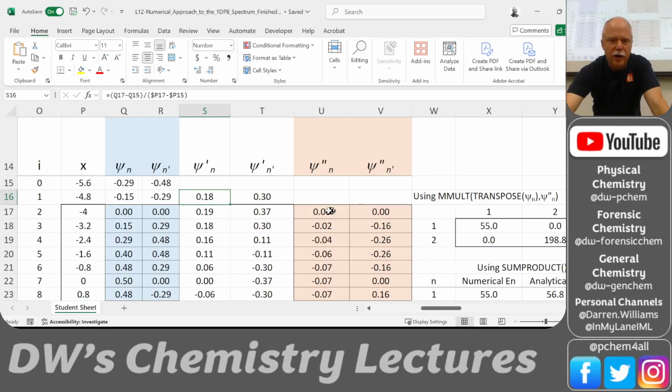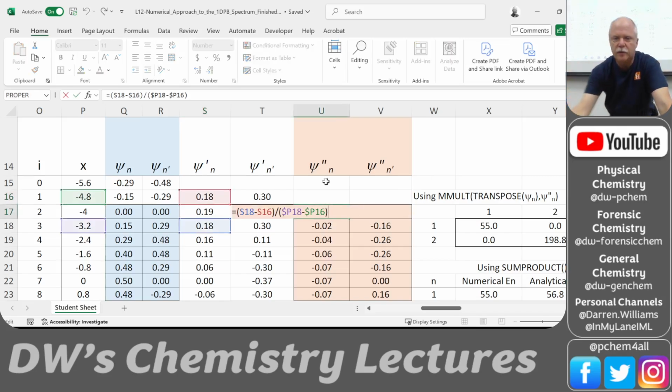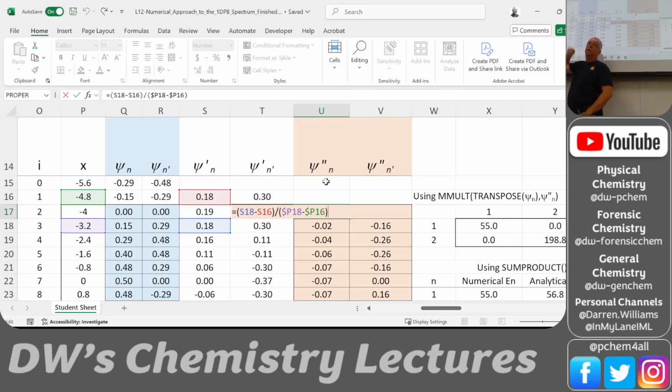So psi double prime, let me double click on that one. You see it's the derivative of this psi prime. So it's the forward minus the backwards value divided by the forward x minus the backwards x. So those are the first and second derivatives. Can you believe how easy that is to calculate first and second derivatives numerically? It's just the slope.